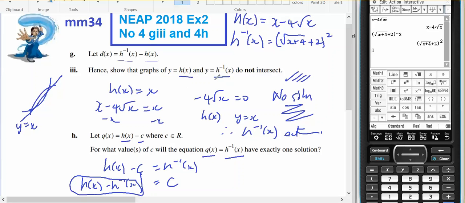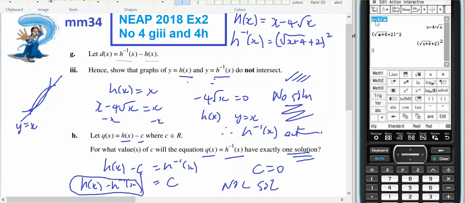I proved that they didn't intersect. Therefore, when C equals 0, there's no solution. I'm interested in where there is exactly one solution. So let's have a little look at what H of X minus the inverse looks like.